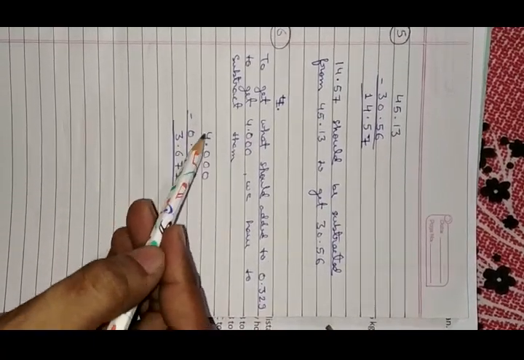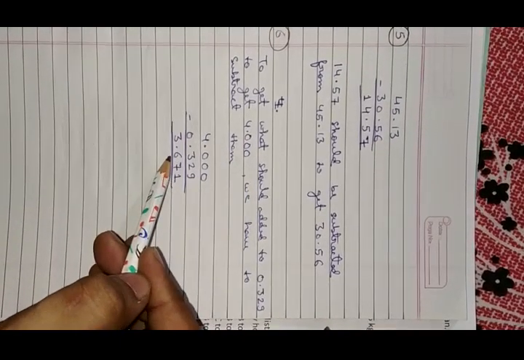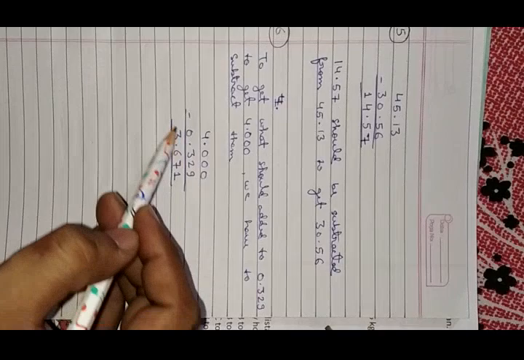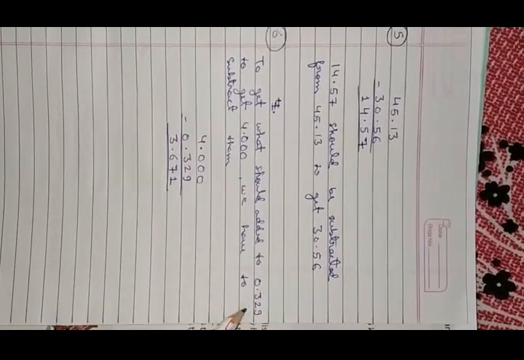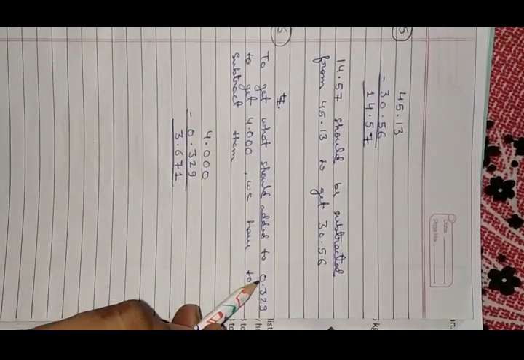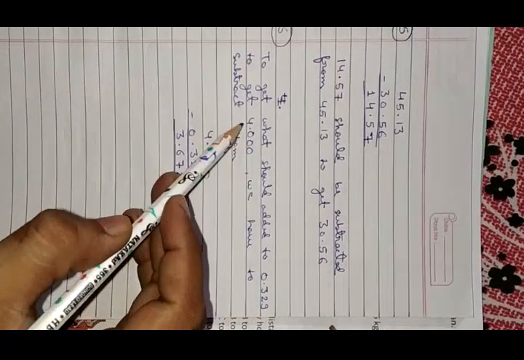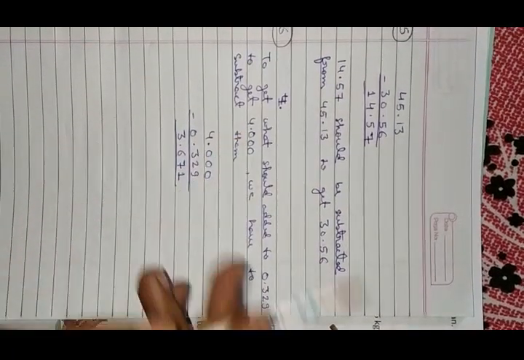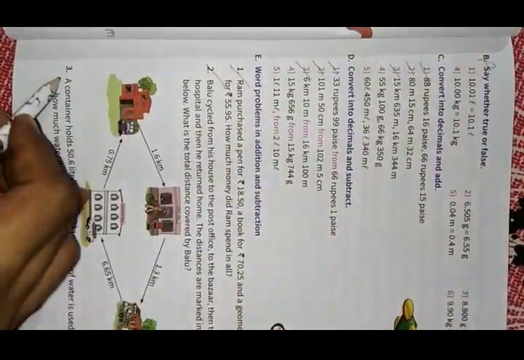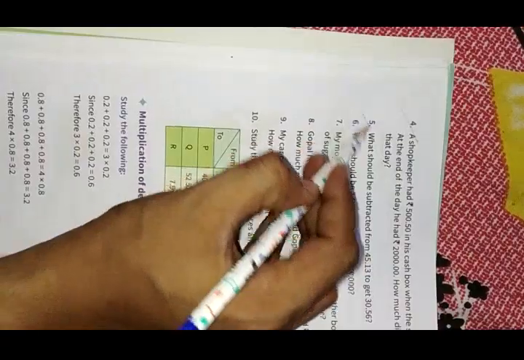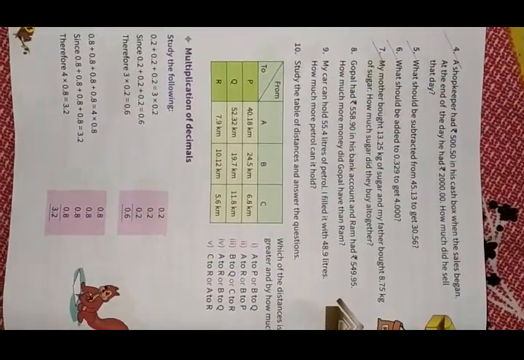When we subtract, we get 3.671. Now this is the number which, when added to 0.329, we will get 4. You have to do the first 7 parts of this word problem, up to 7. Okay, thank you.